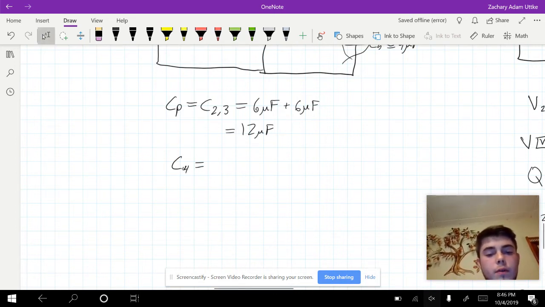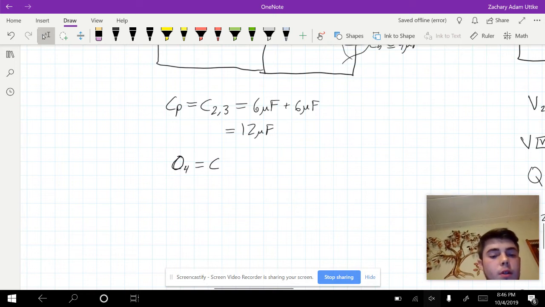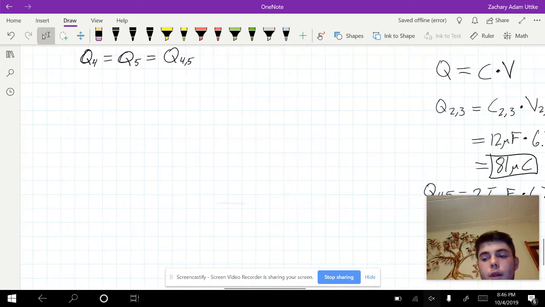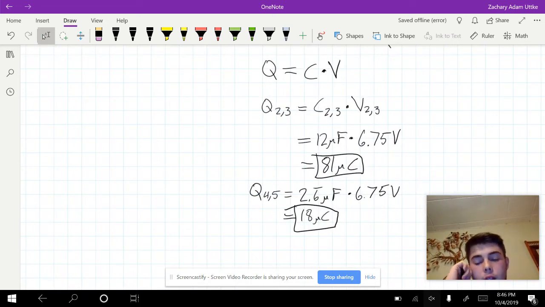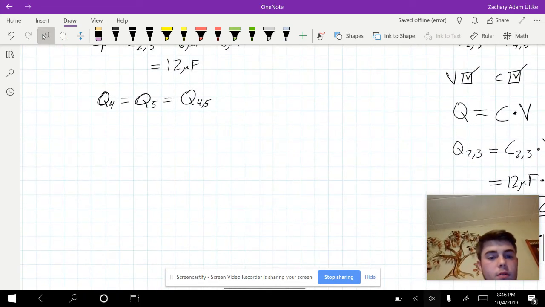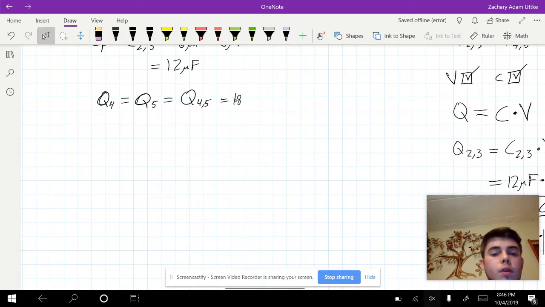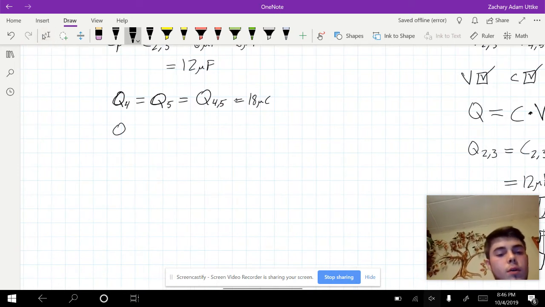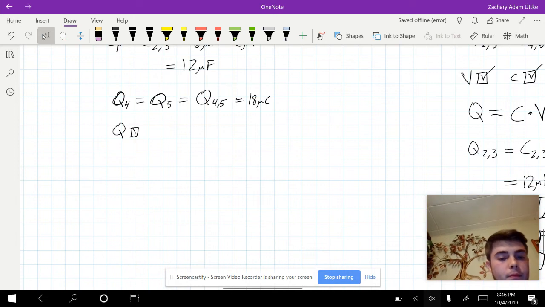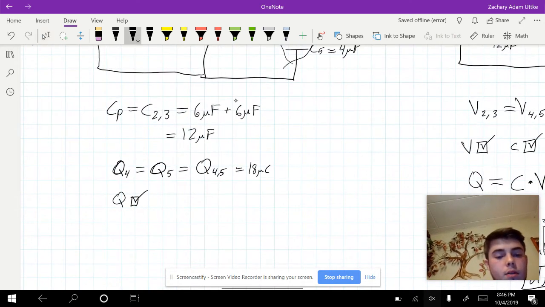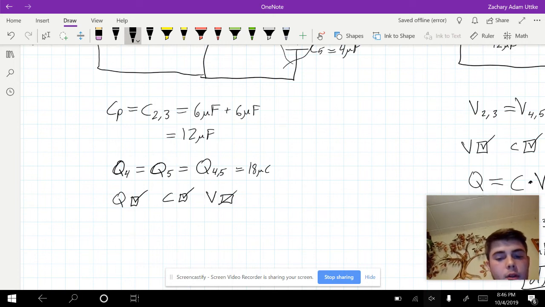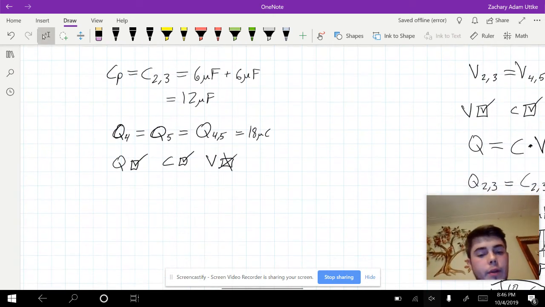So same charge, Q4 equals Q5, which equals Q4, 5. Okay, and we just calculated that to be 18 microcoulombs. So we know the charge, we know the capacitance that was given, but we don't know the voltage. So the one we don't know is the one we have to figure out.